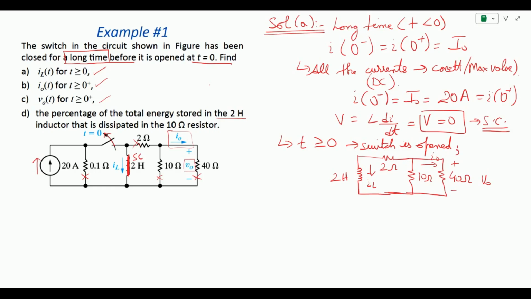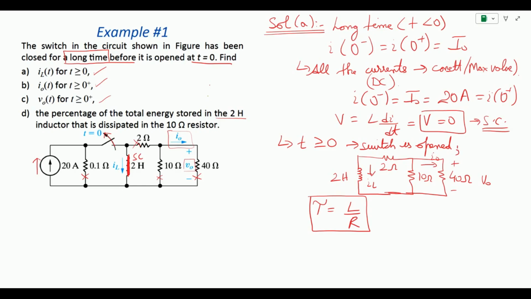So how can we solve this? The first step was to find the initial condition, which we already did in the form of I naught. The second step is to find the time constant, which is tau, equal to L divided by R. In order to find the time constant, we need to simplify the circuit, and we can easily see that these resistors form a configuration that can be solved.